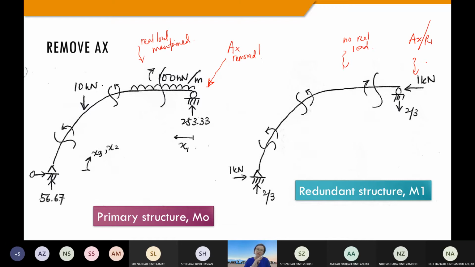We need to know where our cut section is. If you're looking at this A, B, C, D, you will see that AB is actually a straight line, and BCD is a curve.